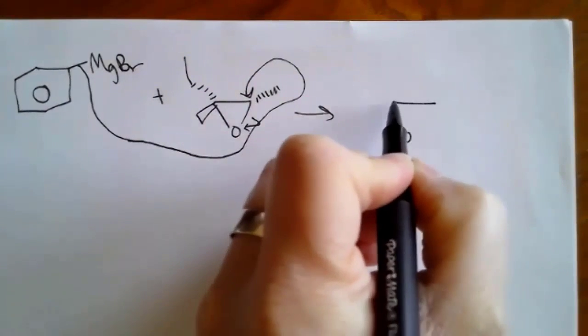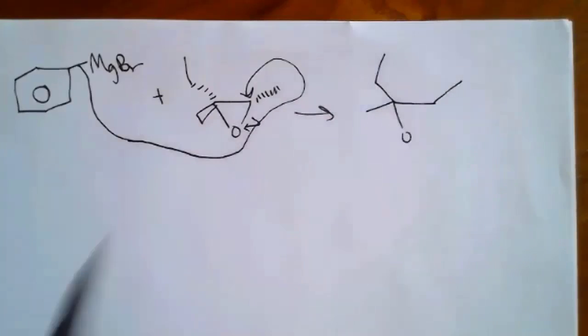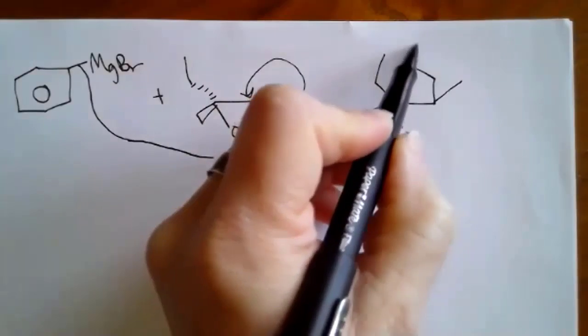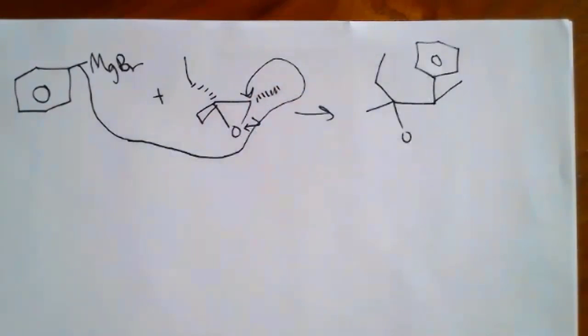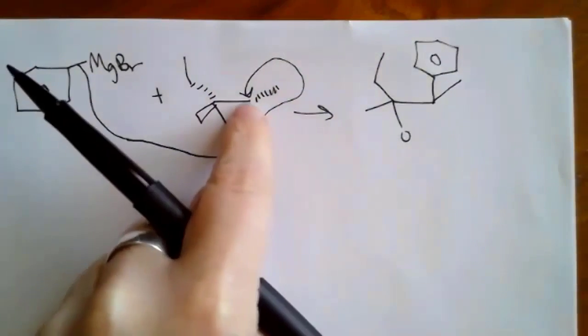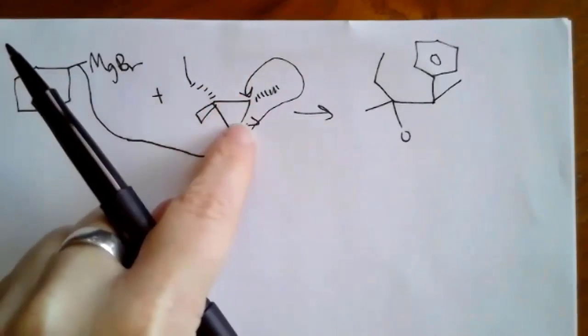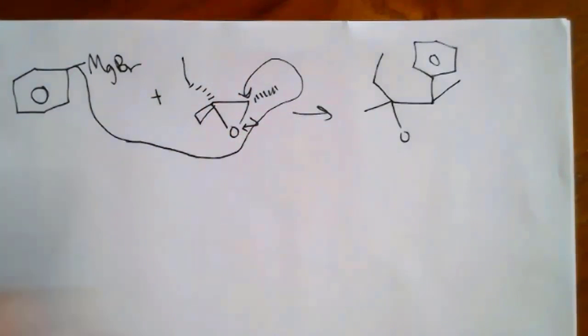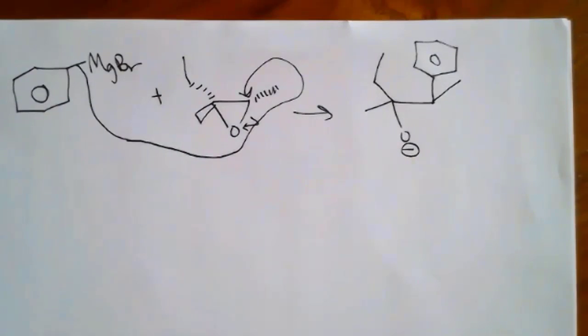I'm going to keep everything drawn in the same orientation in general, and I'm going to draw my Grignard that attacked pointed up because I'm going to say it's attacking from the top side while you're letting go of the oxygen on the bottom side. And I get this.